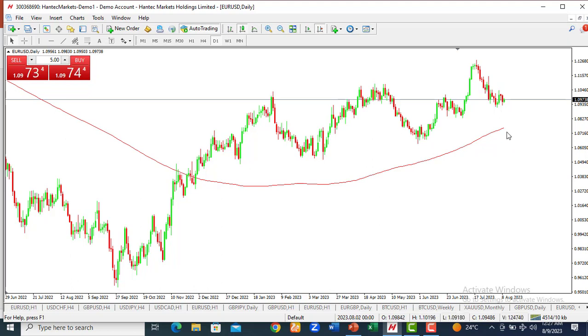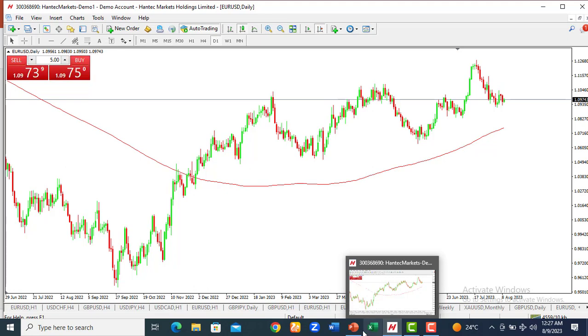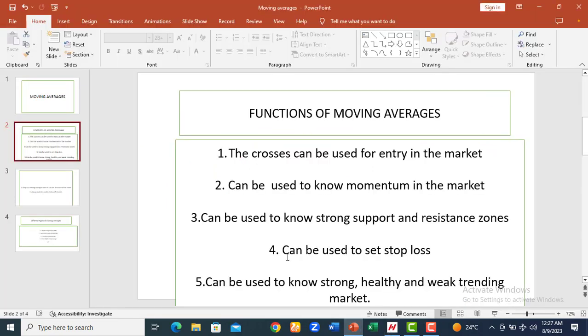If it breaks the 200 period moving average to the downside, it has now moved from uptrend to downtrend. And if a downtrending market breaks the 200 period moving average up, it's now an uptrending market. So it helps us to know trend reversal in the forex market.